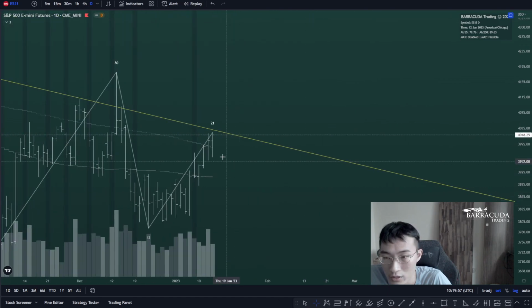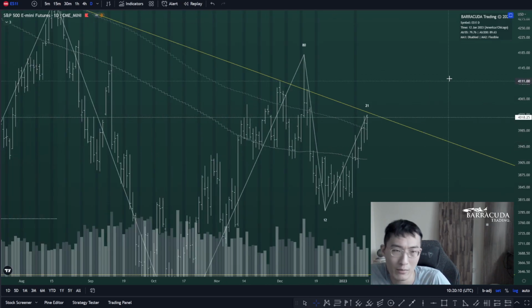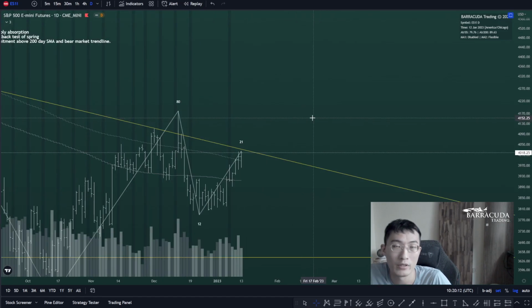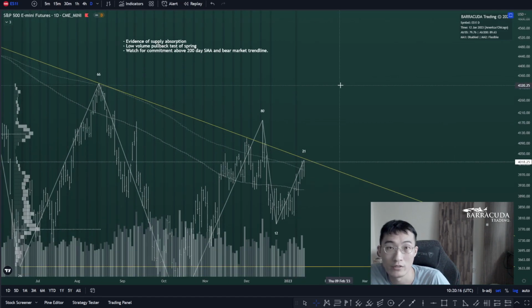Okay, and we are seeing some evidence of that, and there's a lot of tailing. You can see this tail. The price closed way above this whole bar, right? Same thing here. So there's some evidence, I would say, the price is trying to commit above the 200 moving average, and that's a very bullish signal.